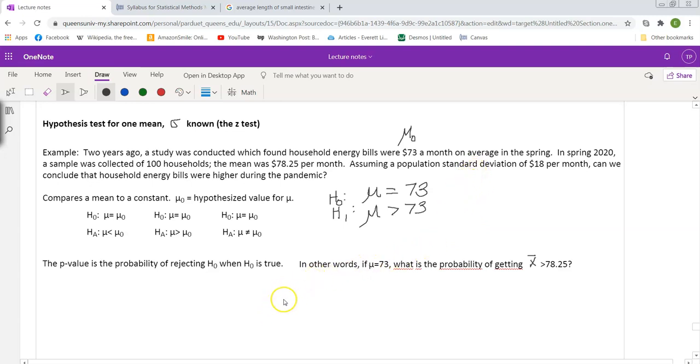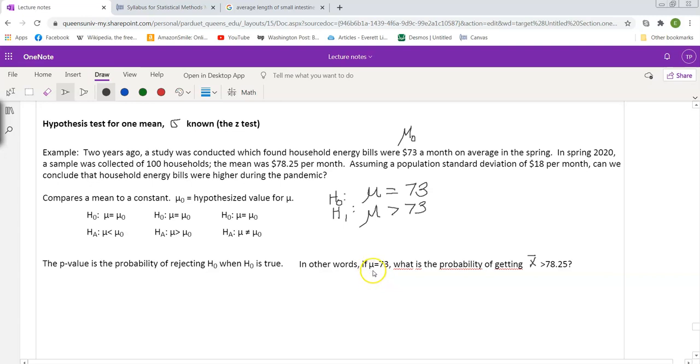And we're looking for how to calculate the p-value. And remember we said in the last video that the p-value is the probability of rejecting H naught given that H naught is true. So if H naught is true, in other words, that mu equals 73, and this is actually the other reason we list that as equals instead of less than or equal.